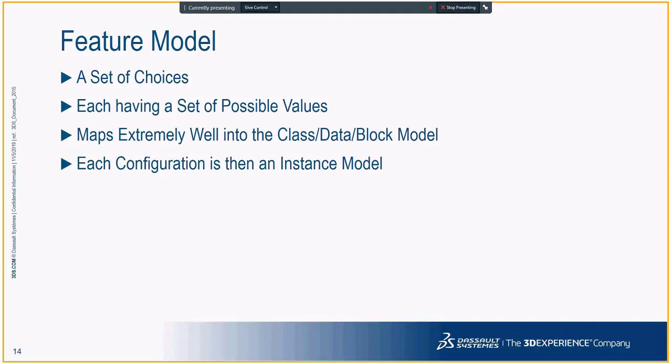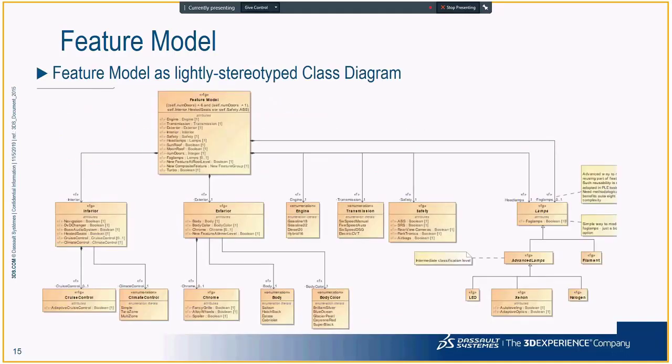So if we look into this screenshot in there, each of the properties in this class diagram, you see a little F letter near each of them. So each of these properties, we call them features in here. So yeah, this is just a lightly stereotyped class model, basically. So each of the properties are stereotyped with the feature stereotype, and the classes in there are stereotyped with the feature group stereotypes.